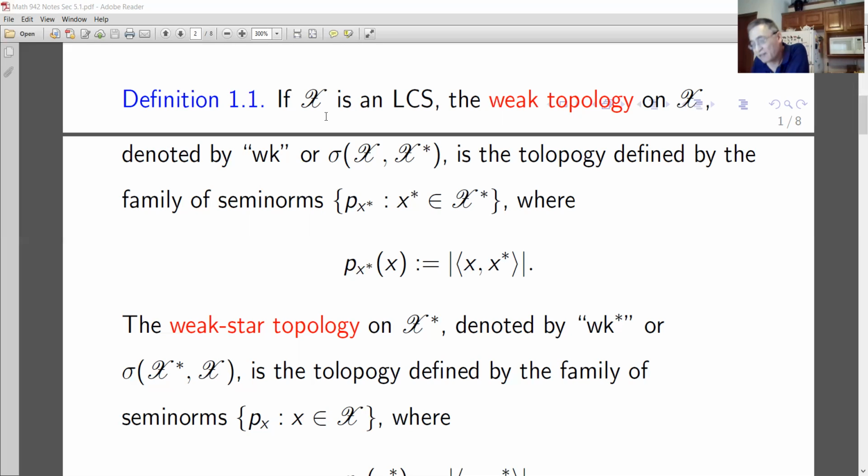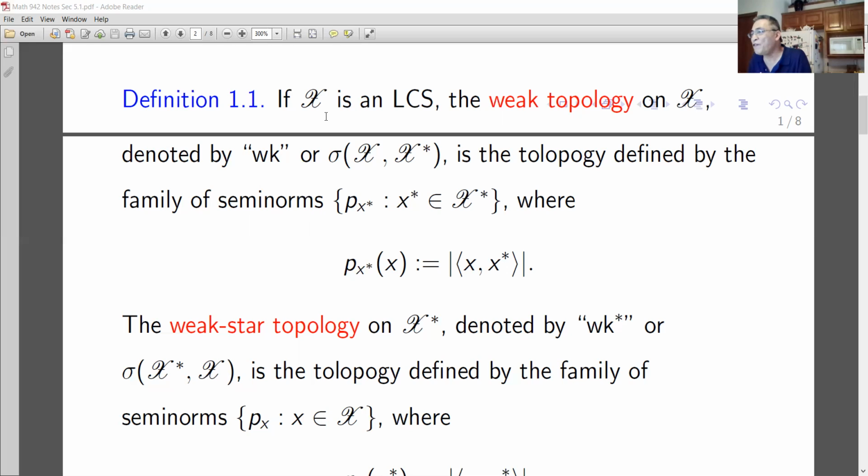On the other hand, if X is infinite dimensional, then the weak topology has the following property. This property is one of the ways to tell whether the weak topology is the same as the original topology.